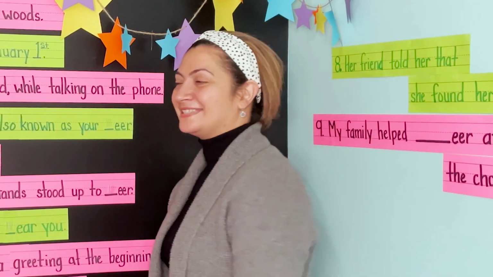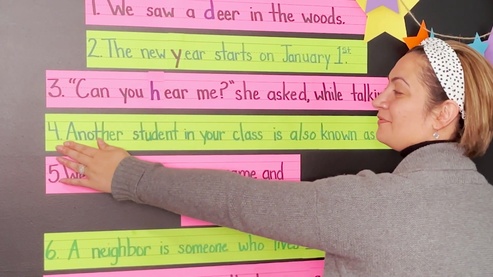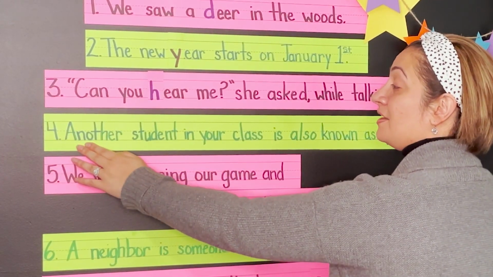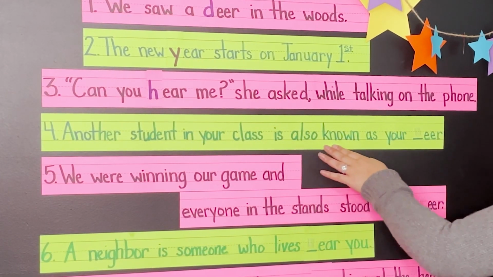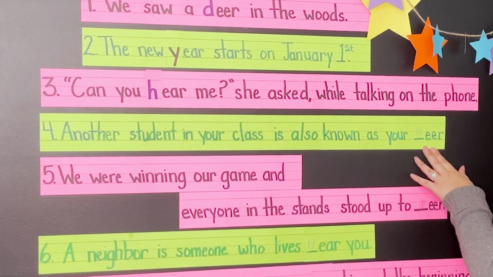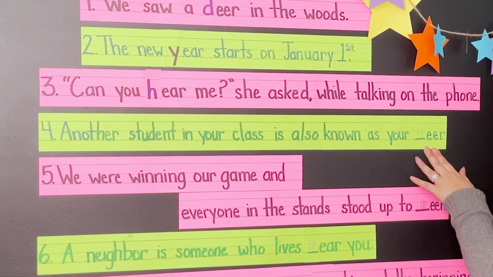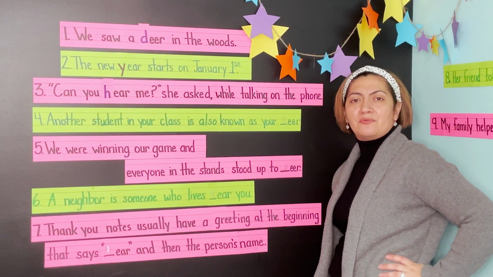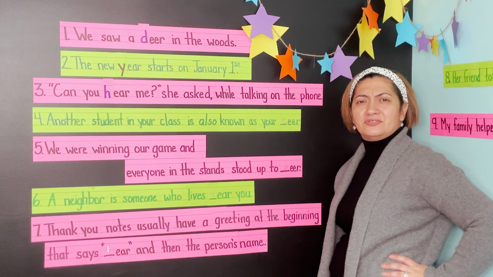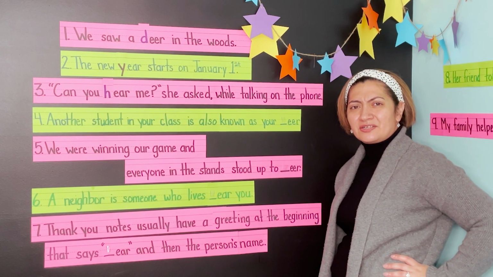All right, next sentence. Sentence number 4. Read along with me. Another student in your class is also known as your ear. Oh, that one might be a little tricky if you don't use that word often. Do you know what the other kids in your class are called?